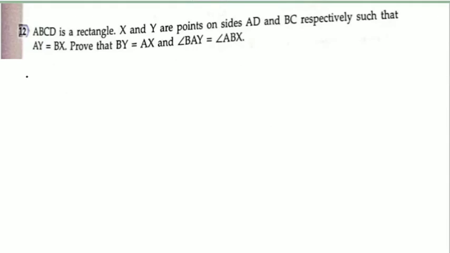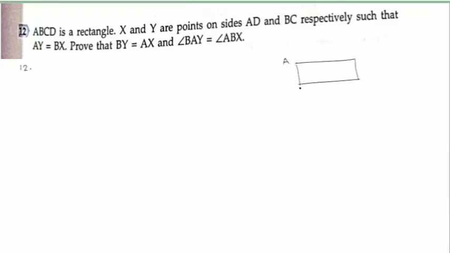Next, problem number 12. And the problem number 12 is ABCD, it is a rectangle. X and Y are points on the sides AD and BC respectively, such that AY is equal to BX. Prove that BY is equal to AX and angle BAY is equal to angle ABX. Okay, for that purpose, at first I draw a rectangle, because here it is said that ABCD is a rectangle.